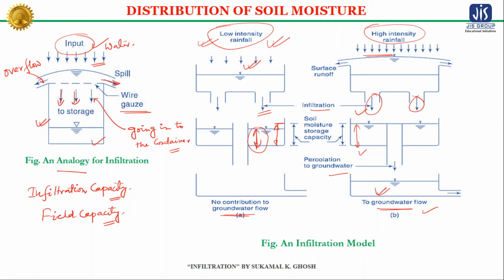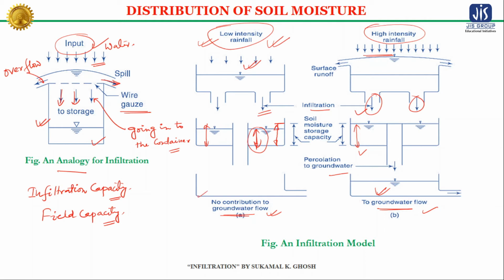But even if it reaches the field capacity, it will not have any more water which can contribute to the groundwater flow, and that is why the low intensity of rainfall does not contribute to the groundwater flow.